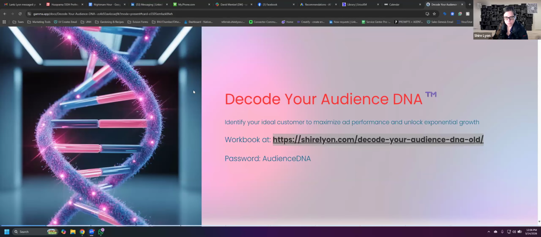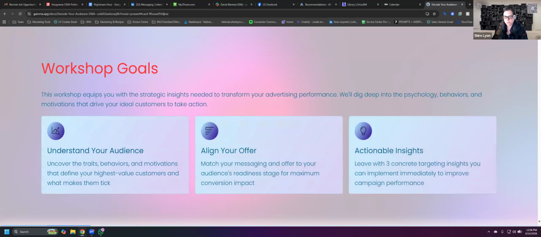We'll stop periodically so you can look at that a little bit. But the goal is to walk away with a little bit of actionable data and a whole lot of ideas. So what we're going to do today is clarify your offer and your positioning in your head. Then we'll define your ideal customers' traits, behaviors, their emotional drivers.